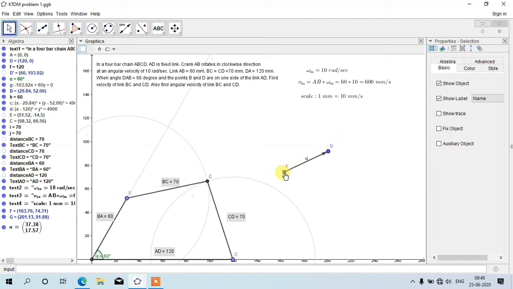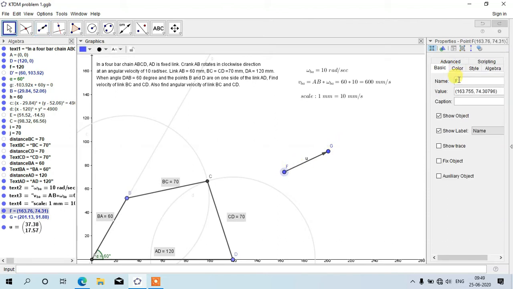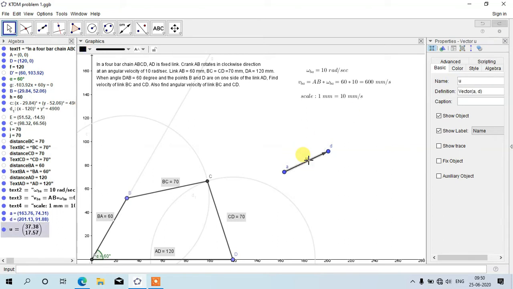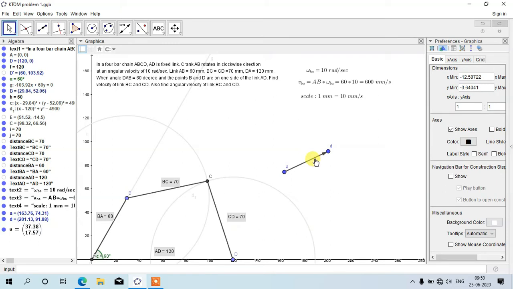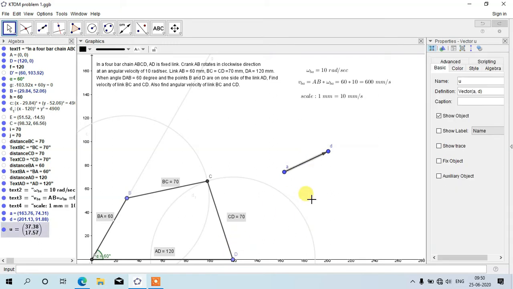Let's first draw a velocity vector for the fixed link, which is A. Okay, I have drawn a velocity vector for a fixed link.